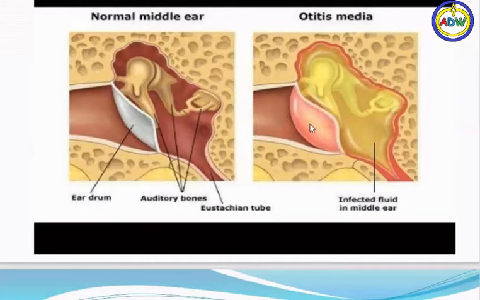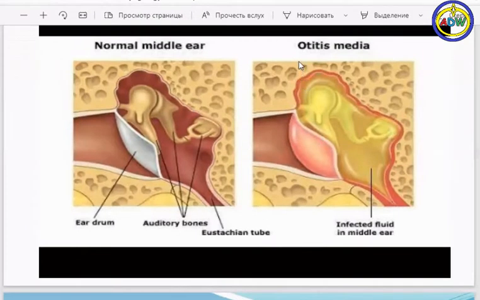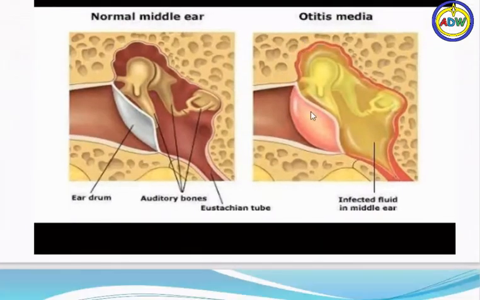This is the tympanic membrane. And you can see in these pictures that the tympanic membrane is hyperemic, edematous, and bulges into the external auditory meatus, depending on the fluids and pressure, which increases in the middle ear.